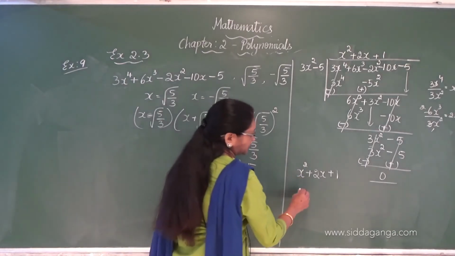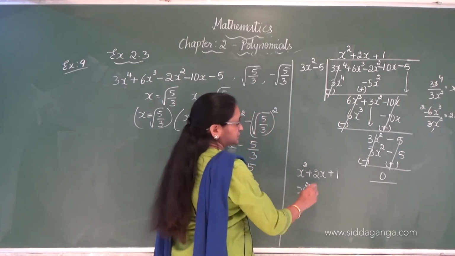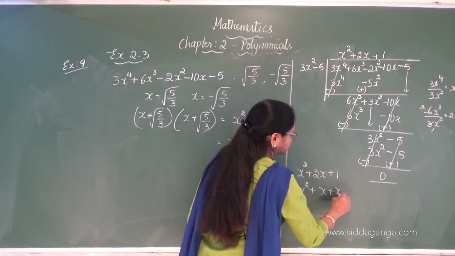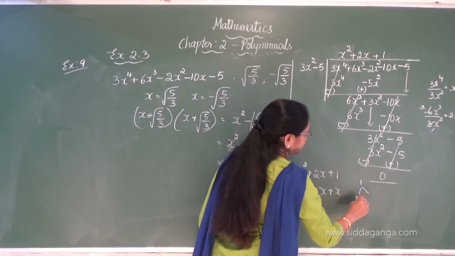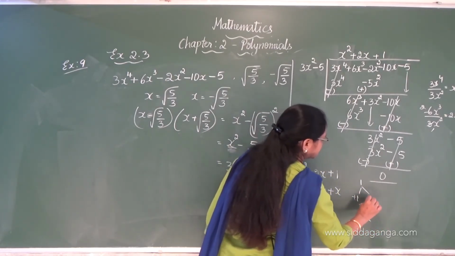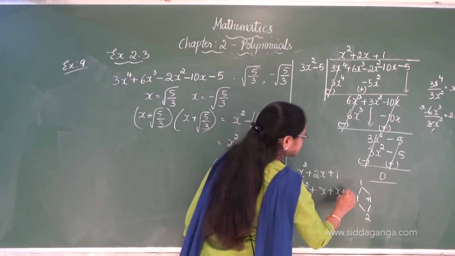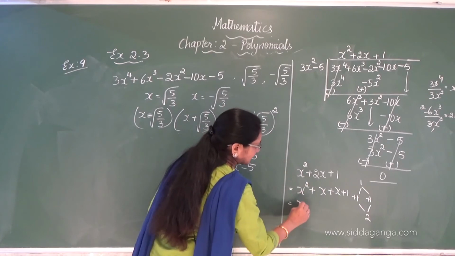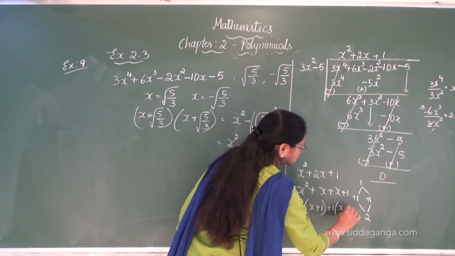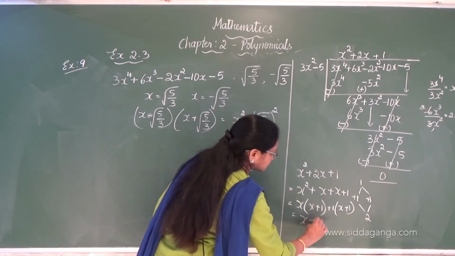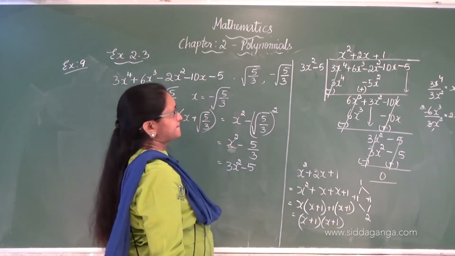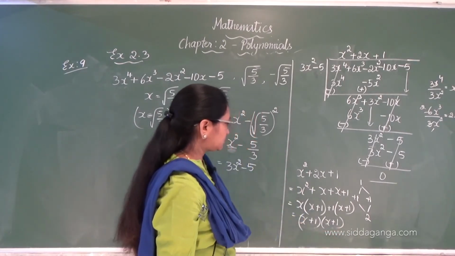Now split the middle term: x² plus x plus x plus 1. 1 into 1, and when you add you will get 2. So x common, x plus 1, and 1 common, x plus 1. So x plus 1 into x plus 1.